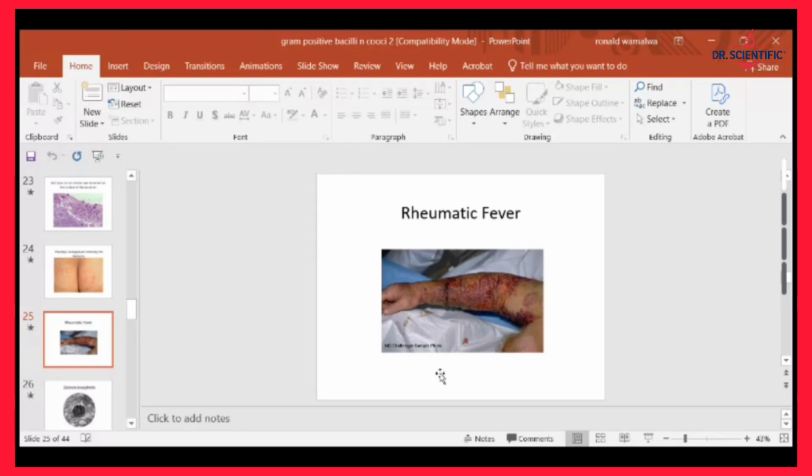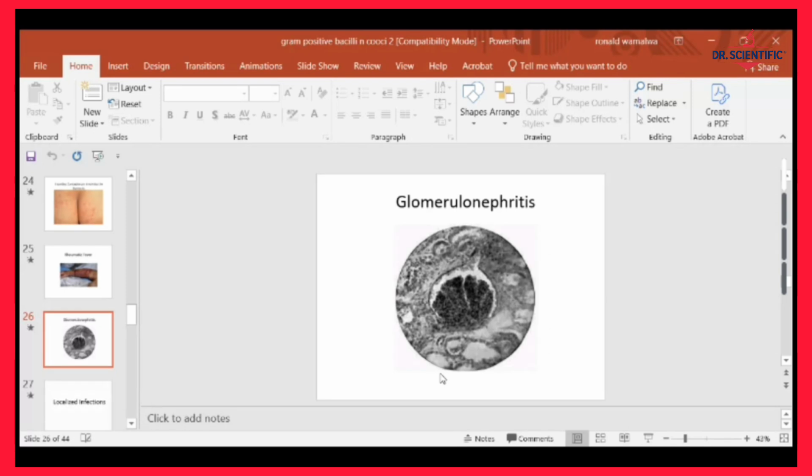You might think that somebody has been burned by water, but it's because of these streptococci bacteria if not treated in early stages.